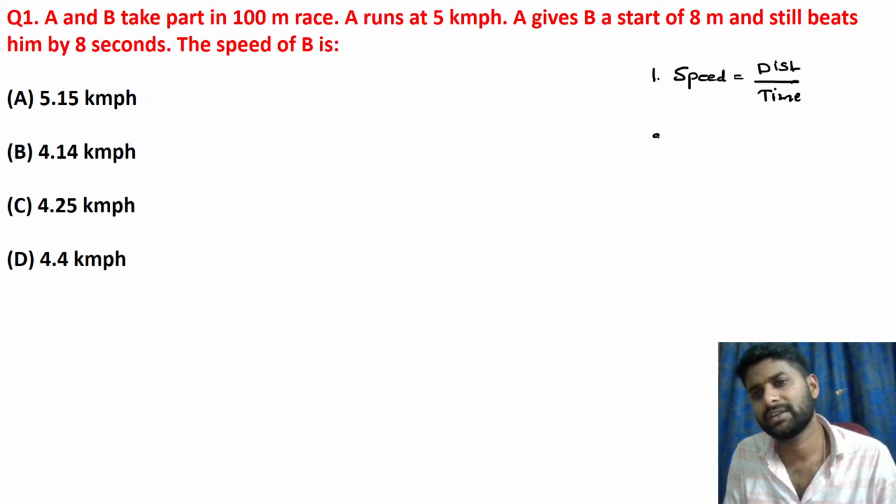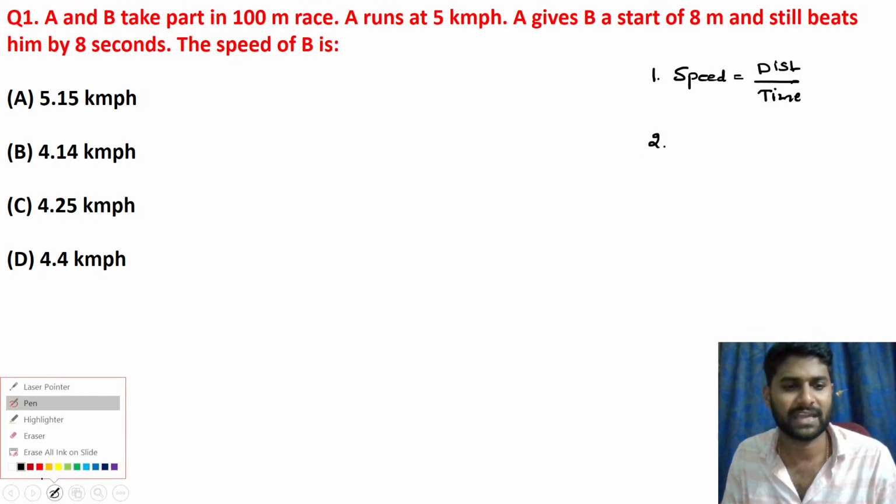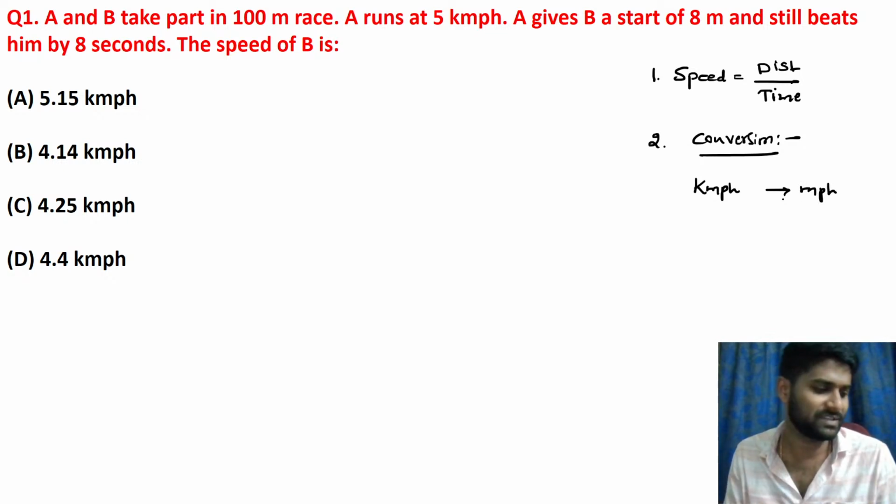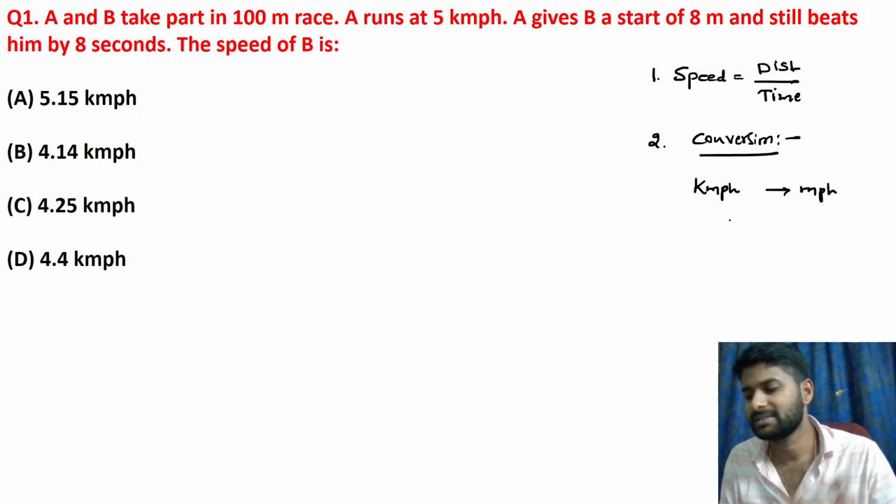And for any question in time and distance, you must know conversions. Conversions are most important in a calculation. Let's learn how we can convert kilometer per hour to meter per second. Most of the students already know it is a multiple of 5 by 18 in fraction. But how do we get that value?